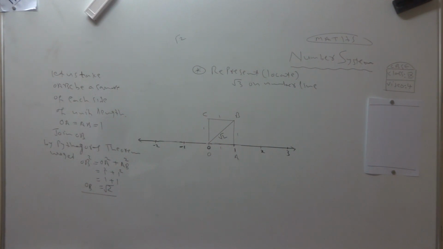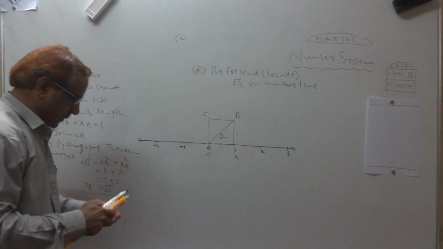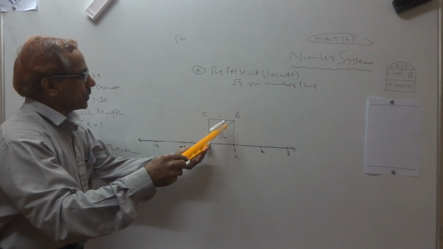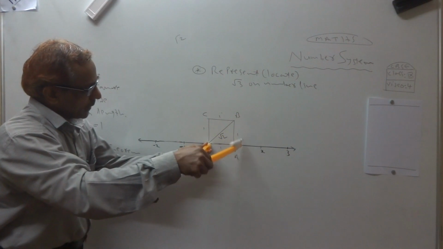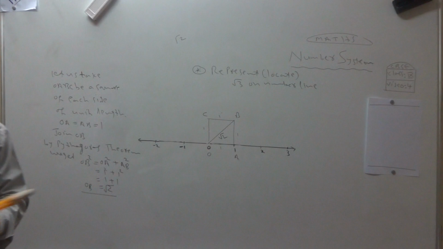Last time we have done this. If I take O as center, OB as radius, and draw an arc, then I get root 2. We completed that in the last video, right?